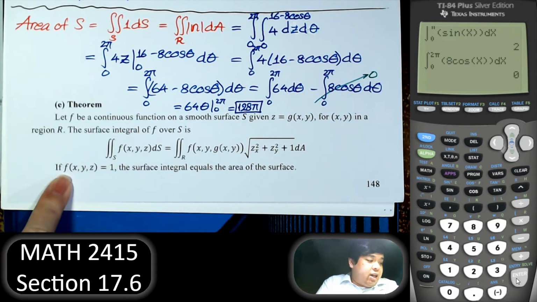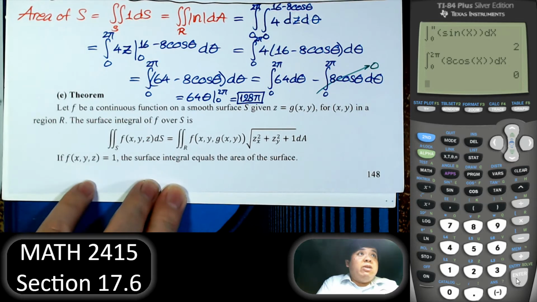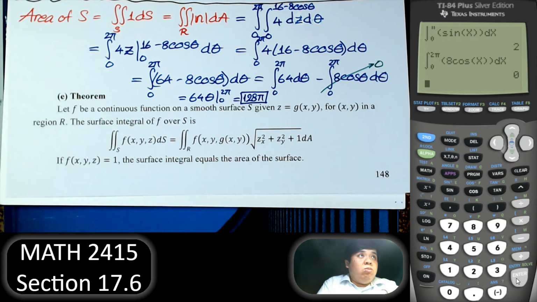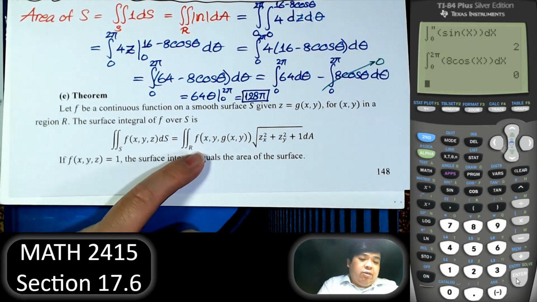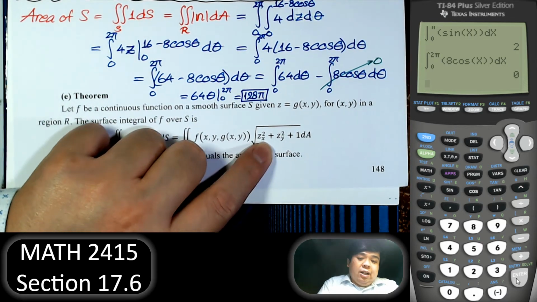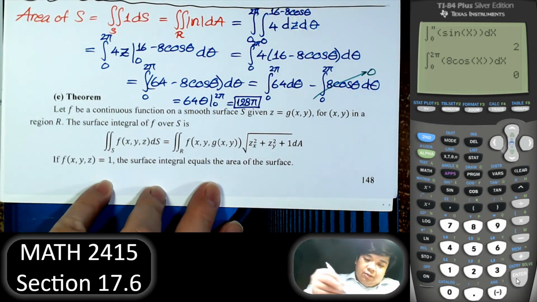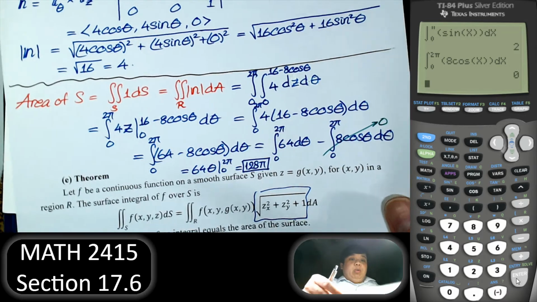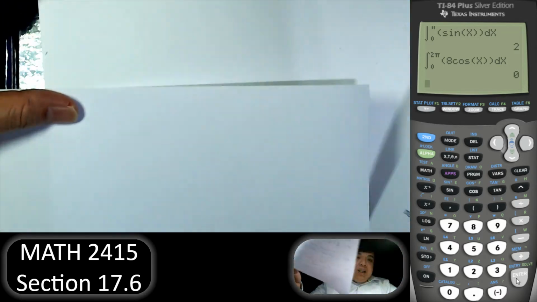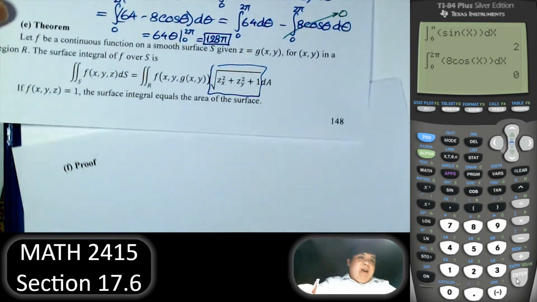When f of x, y, z is equal to 1, the surface integral is equal to the surface area of the surface. Right. So the only thing different here is that we have that thing. So what's that equal to? Right. So we're going to prove that quickly. Actually, this is very easy to prove.